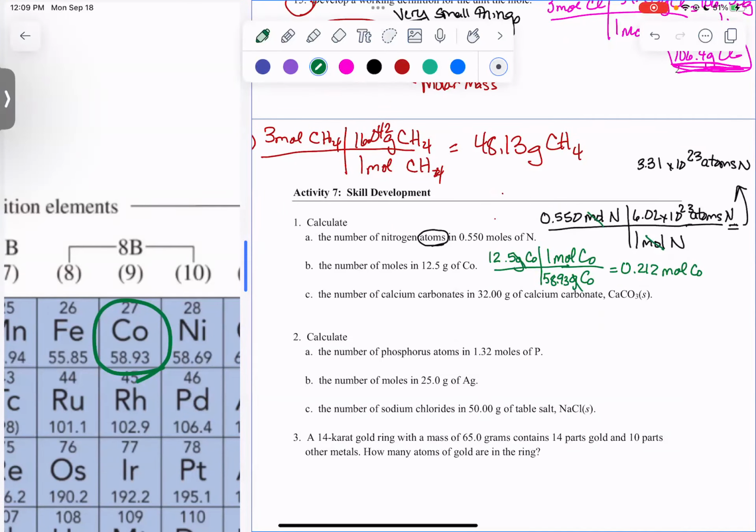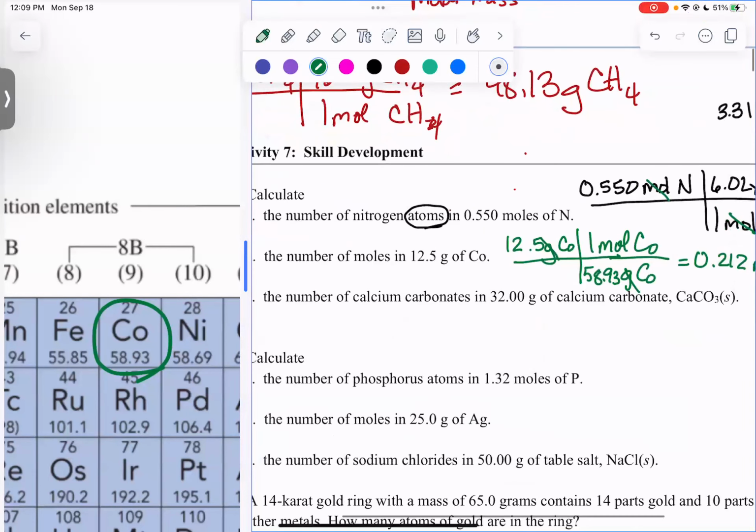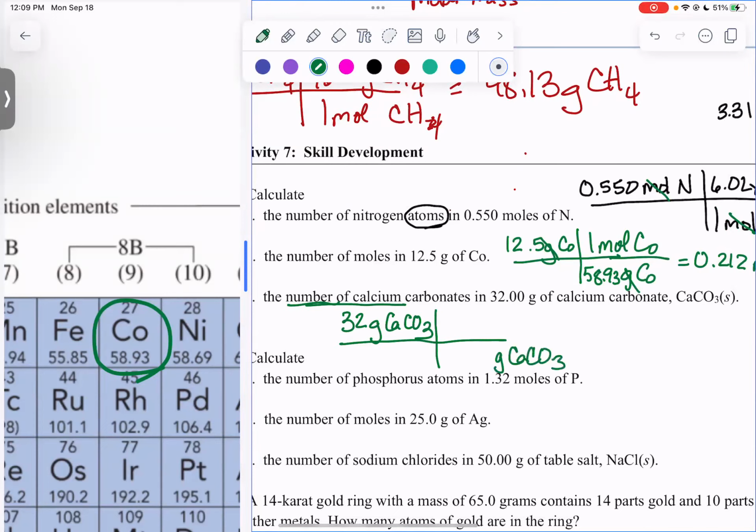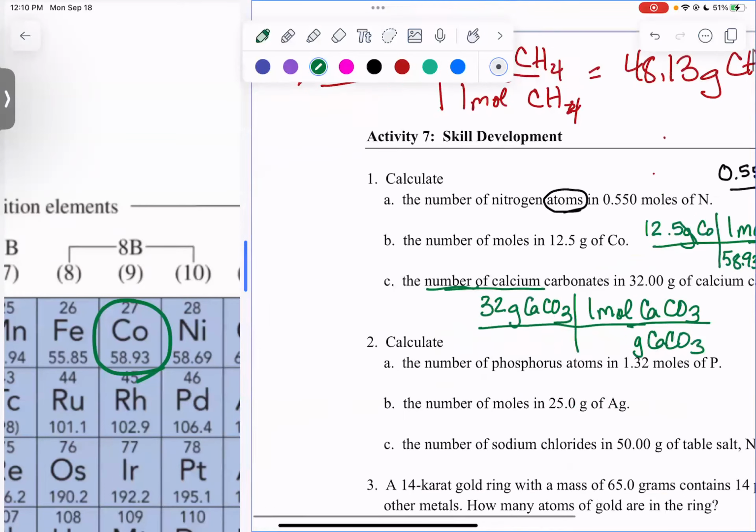Now, the number of calcium carbonate particles, so this is Avogadro's number again, from 32 grams of calcium carbonate. Okay, so I have to get rid of grams of calcium carbonate. I have to introduce moles of calcium carbonate because I can't go straight from grams to number of particles or atoms or anything like that. I have to go to the moles in between. So how do I do that?